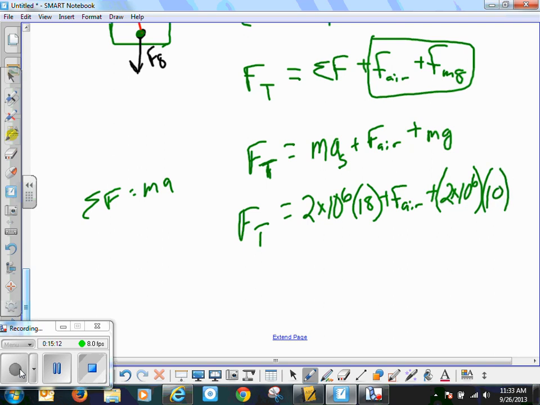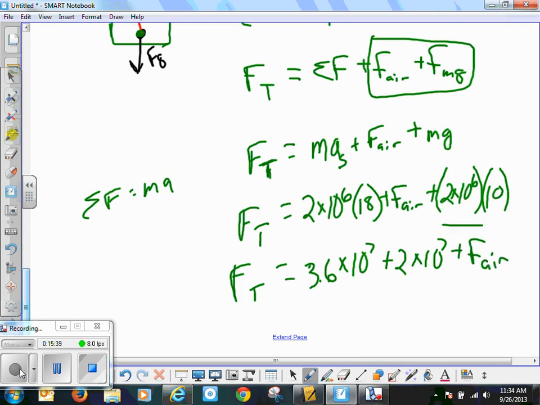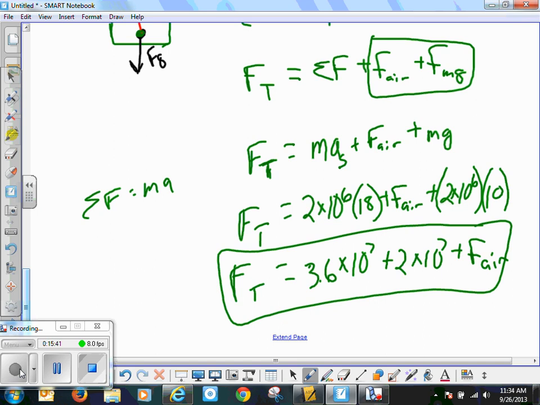So the force of thrust then becomes 3.6 times 10 to the 7th plus 2 times 10 to the 7th plus the force of air. And that would be the actual force of thrust we needed to achieve that acceleration.